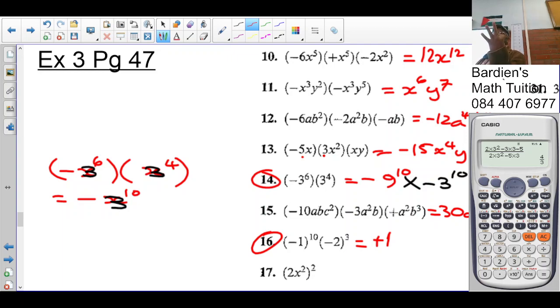Times 1? 1 times 1? And 10 of them will give you 1, not 10. 1 cubed is 1. So 1 to the 100 is 1, and 1 to the 10 is 1. The negative cube is negative. 2 cubed? 8. Positive 1 times negative 8. Negative.